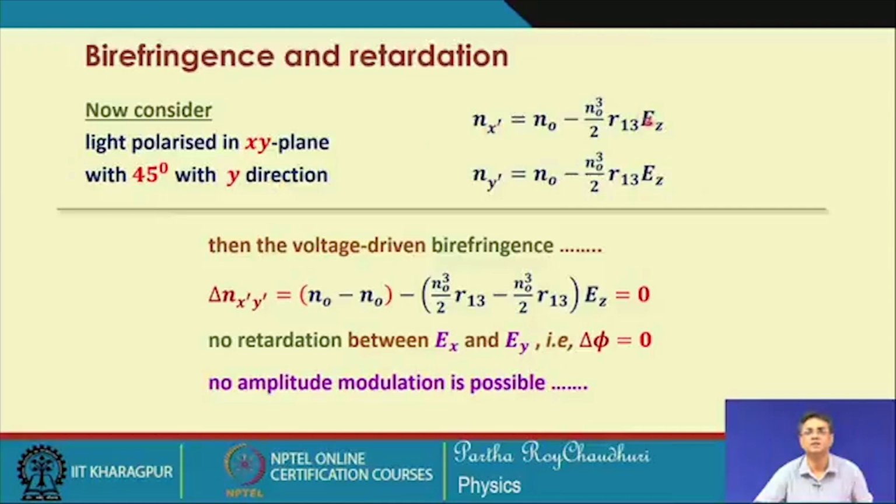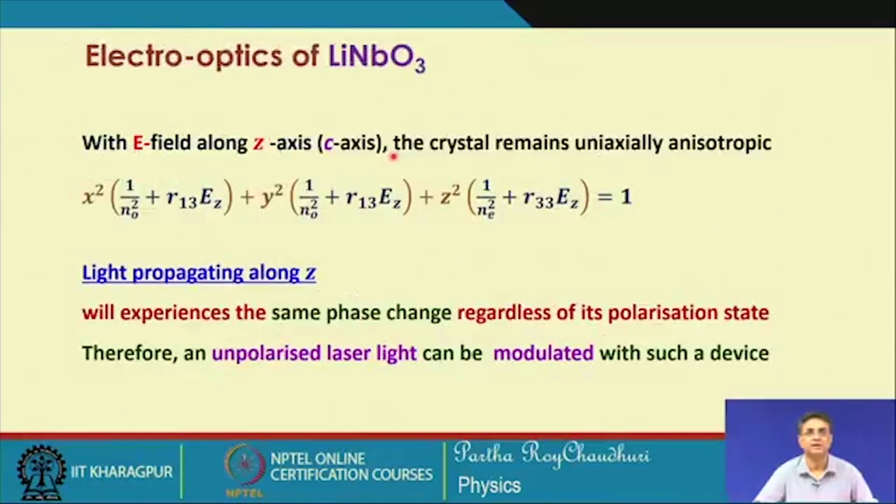In that case, this is independent of the direction of polarization, this value nx dash and ny dash, because whatever the direction might be, the component in the x direction will see this refractive index. Mind that this x dash and x are the same, and you see there is no rotation.